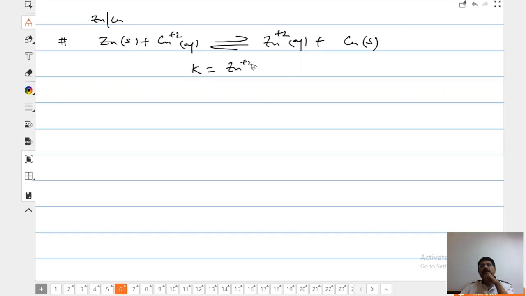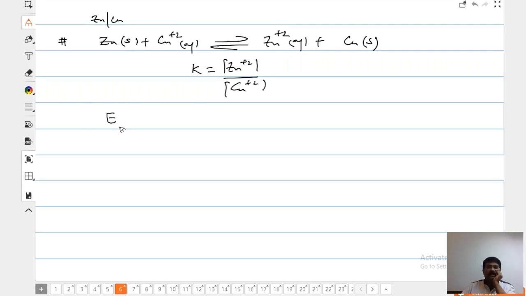It is zinc solid plus copper plus 2 aqueous, that forms zinc plus 2 aqueous and copper solid. How will you write K, Dipesh? It is going to be product by reactant. We can skip the solid. It will be taken as unity.